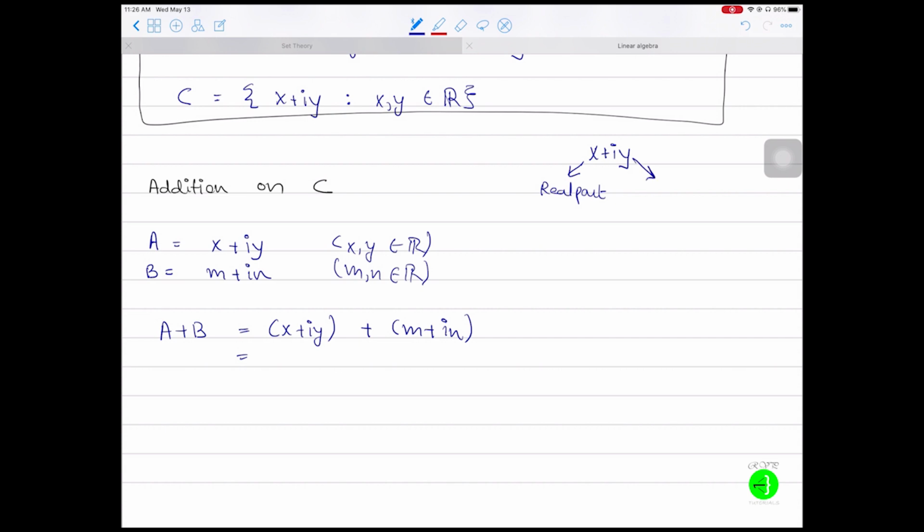So in this video and any other video, if I say real part, then it talks about this x, and whenever I say imaginary part, it talks about the iota y term. So here we add the real terms together, x plus m, plus iota times y plus n. So this is how addition is defined on the set of complex numbers C.